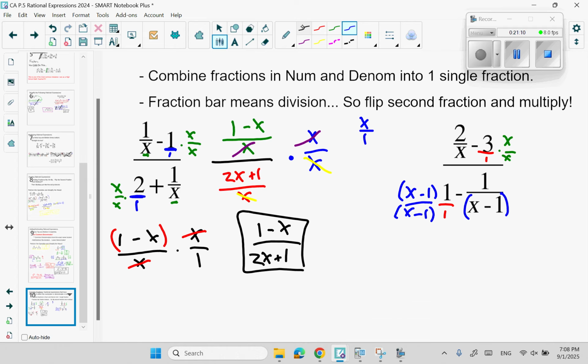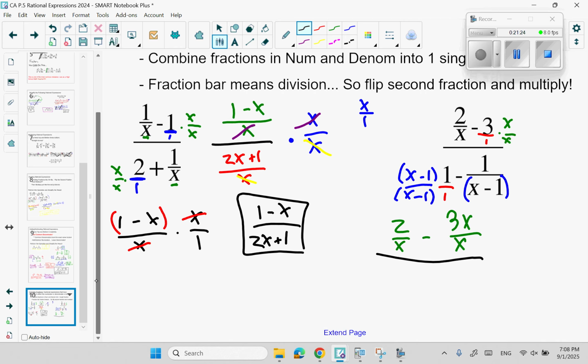So let's just rewrite our new top and bottom. I didn't do anything to the first fraction, so I have 2 over x minus 3 times x, so 3x, over 1 times x, so x. And in the denominator, I would distribute the 1 to both of those terms, so I would get x minus 1 over x minus 1, minus 1 over x minus 1.